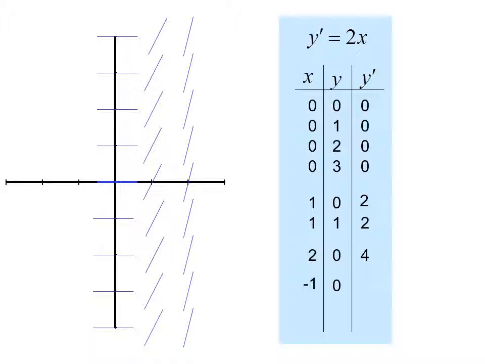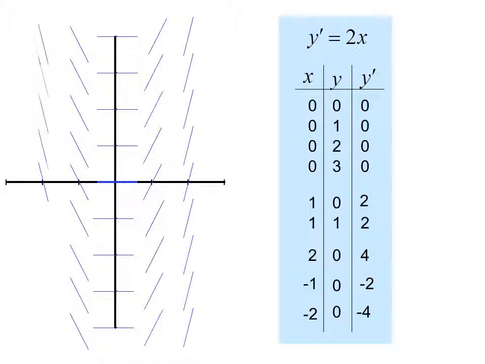Now at x equals -1, the slope is -2. So I draw a line segment with a slope of -2 and fill those in. At x is -2, the slope is -4. And I fill those line segments in.